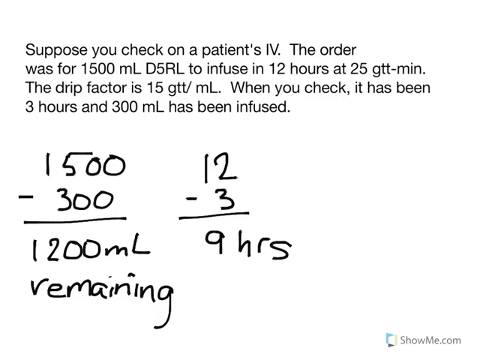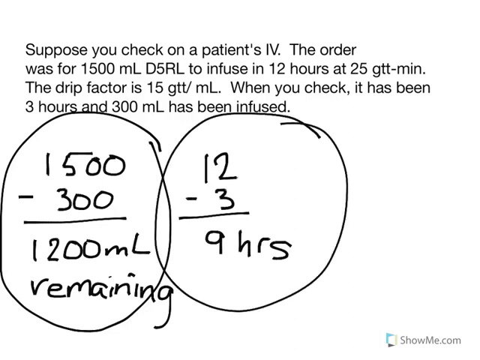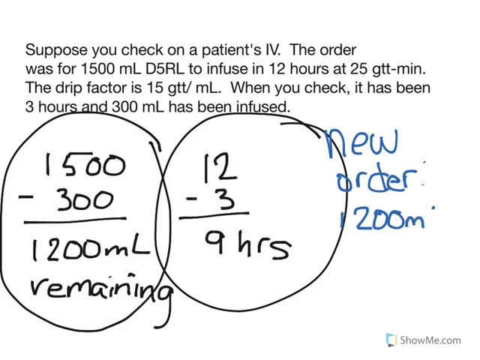So the first thing we did was find out how much of our infusion amount we have left, and then how much time we have left. This, in essence, becomes our new order. Our new order is 1,200 milliliters to be infused in 9 hours.